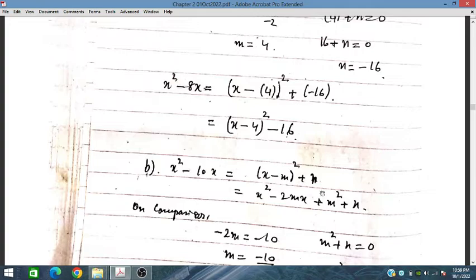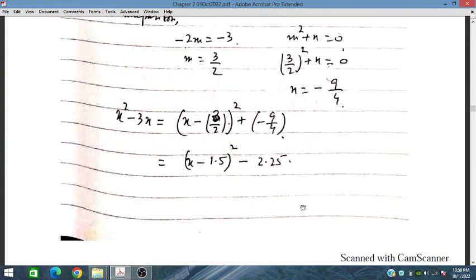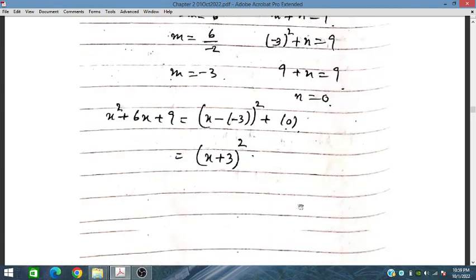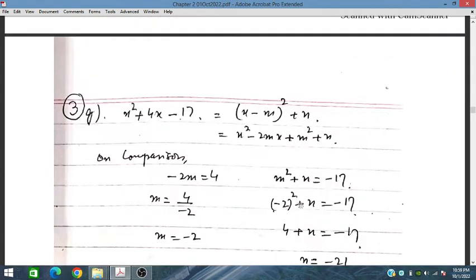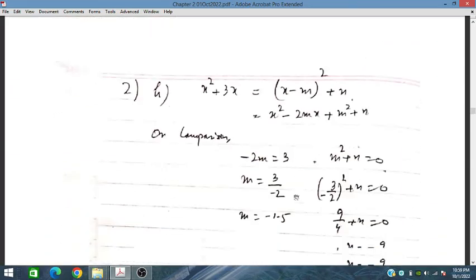Similarly for the other equations, b, c, d, e. There are so many problems that we can see here.